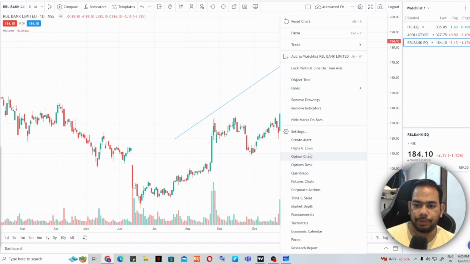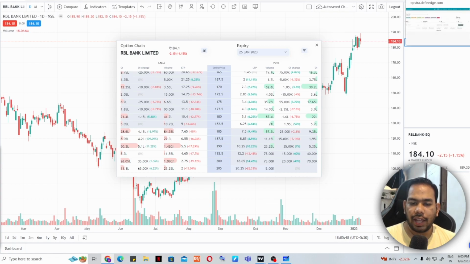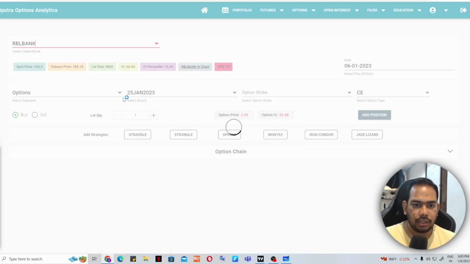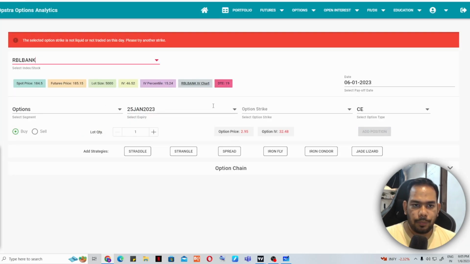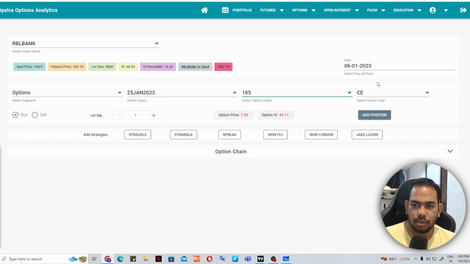Let us go to the option chain and try to make one OTM bull call spread here, or ATM. We will select the ATM strike. Okay, ATM 185, we will select the 185 strike. Stock is at 184. Let us buy the RBL Bank 185 call option.